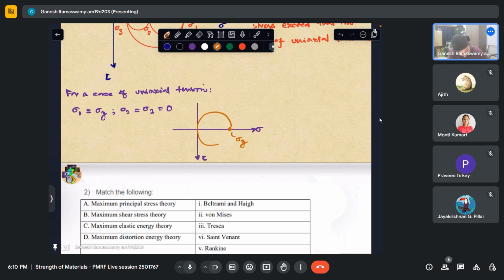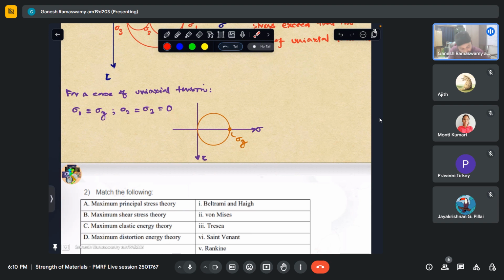So if I draw the Mohr circle like that, this is the case of a uniaxial Mohr circle for a case of uniaxial tension where it has been loaded to such an extent that it has reached the point of failure, beyond which it is no longer functional because sigma maximum has come to sigma y. So in this case, we know that the other two Mohr circles are basically dots at the origin because the other two being zero. So you can naturally see that these are just simply points on the origin.